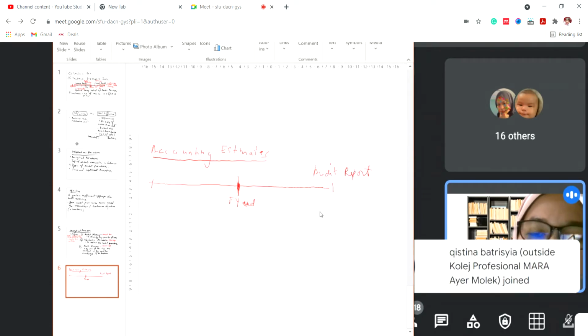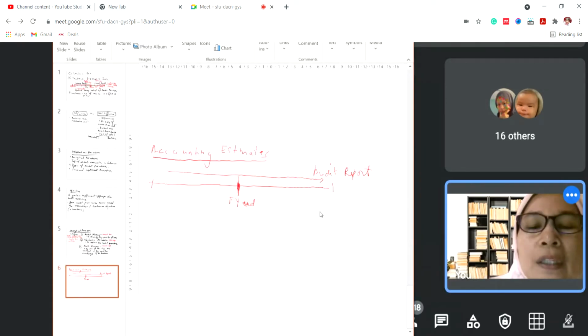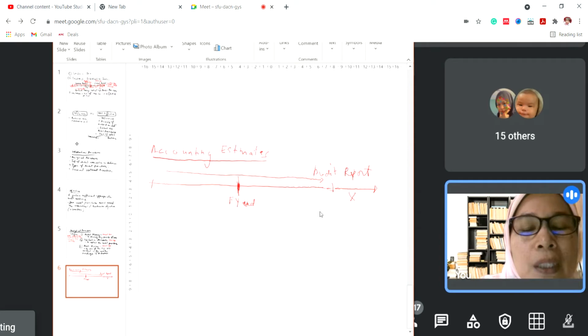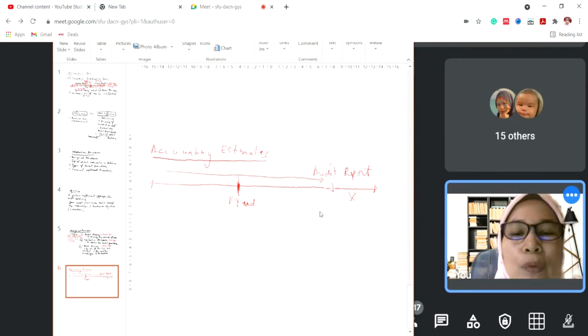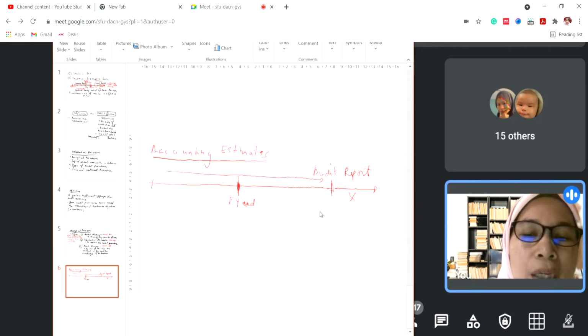We have to look until this period. Actually there are also some events after the audit report has been agreed, but this one is not covered in the syllabus. That period is covered in your F8 and paper A later. So we just cover until this period.